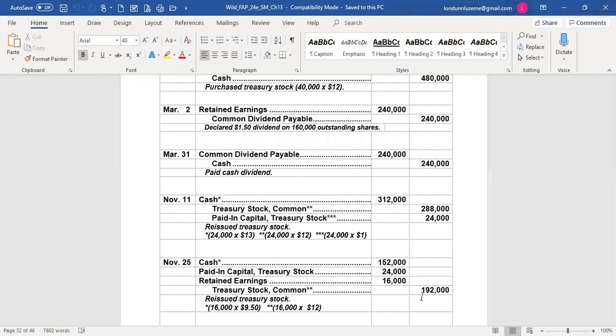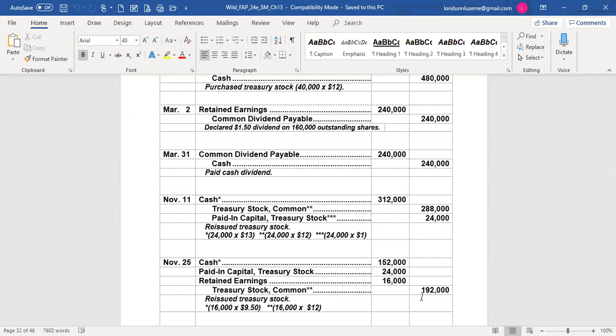This time, they sold it at a loss. They sold it for less than they originally bought it at, by 40 grand. Remember what we said the rule is. When you sell treasury stock at a loss, you first look and say, do I have an account called paid in capital treasury stock?